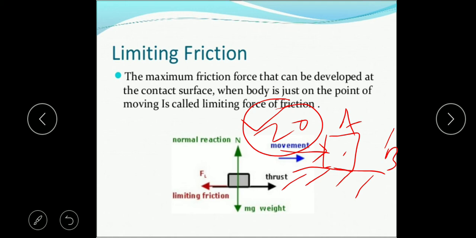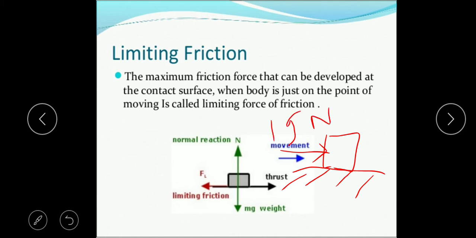Means if I apply a 19 Newton load, then the body will not move, because the maximum capacity of that body to resist is 20 Newton. So at a lower value, the body will not move from its initial position.